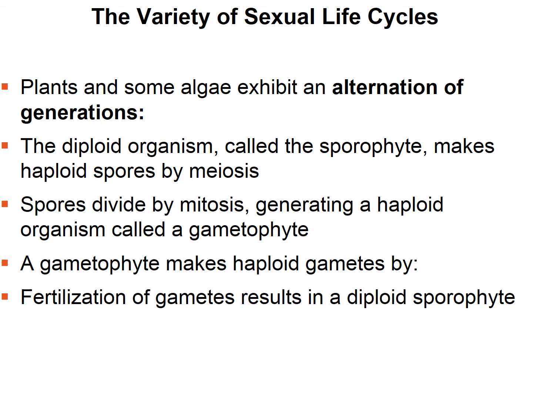That's how something that's haploid is produced, by meiosis. Now the spores that are produced divide by mitosis. This generates a haploid organism called a gametophyte. A gametophyte makes haploid gametes by mitosis. The fertilization of gametes results in a diploid sporophyte.